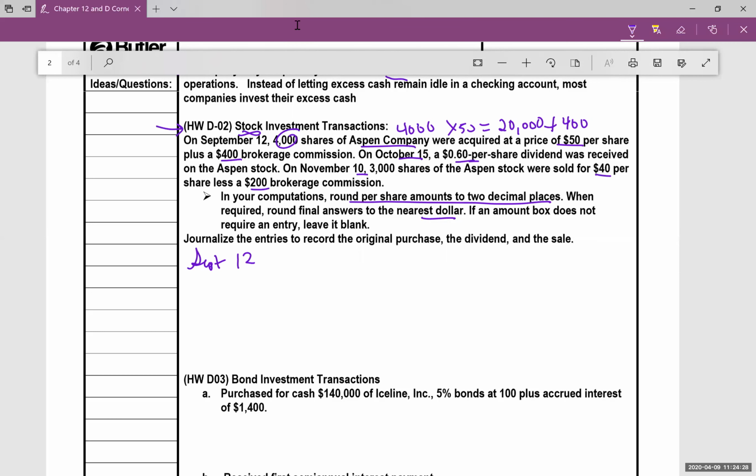September 12th. Investments. This is the debit. What are they getting for their cash? They're getting investments, comma, Aspen Company stock. Okay, so if I take 4,000 times 50, let's do that real quick.